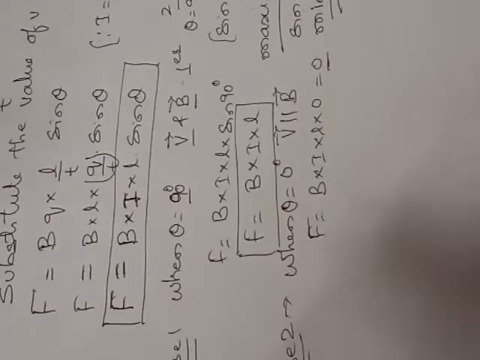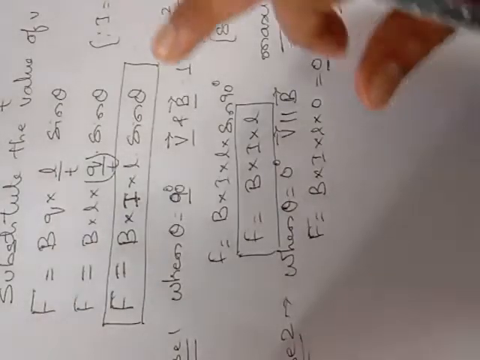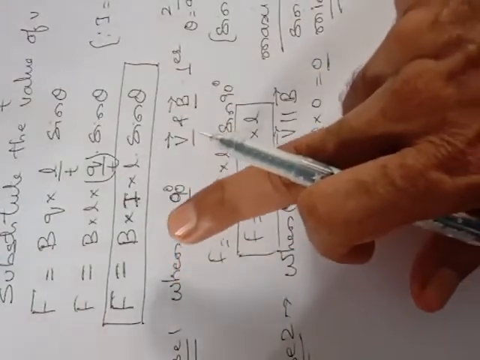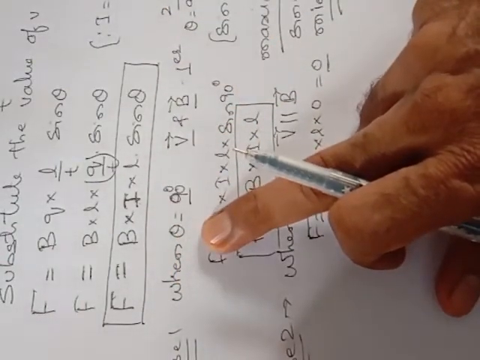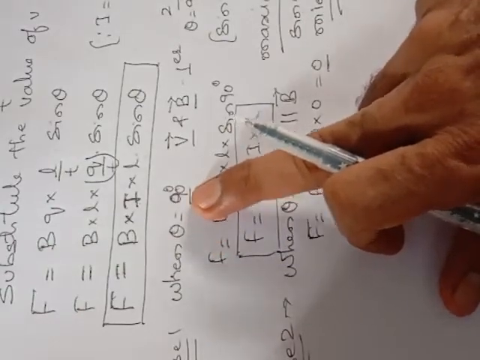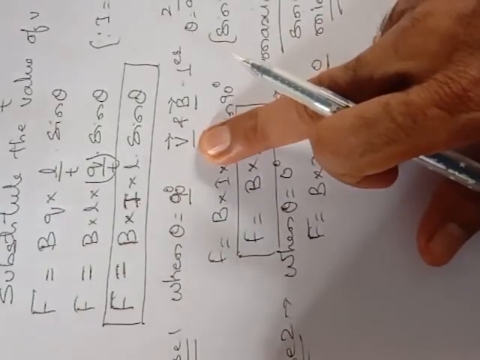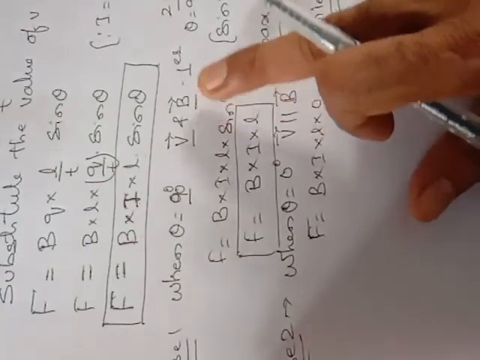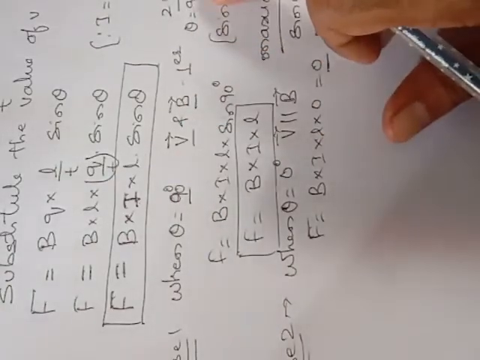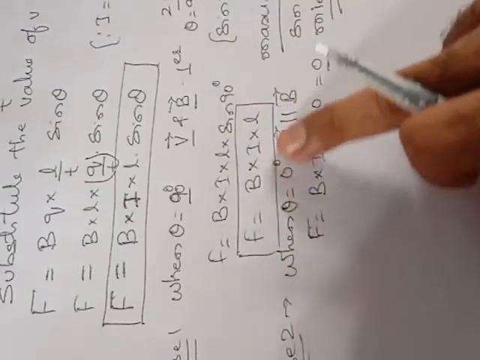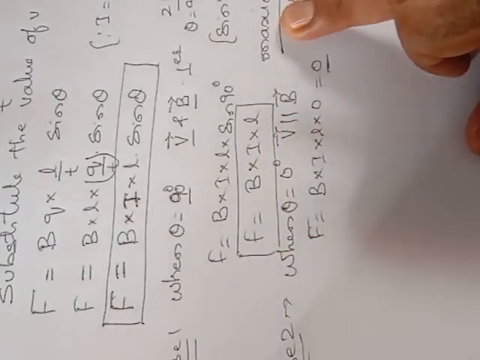So yesterday we derived the relation F is equal to BIL sin theta. Today we are seeing that if theta is equal to 90 degree, it means the velocity of the particle and the magnetic field are perpendicular to each other. Sin 90 is 1, so the force will become maximum.